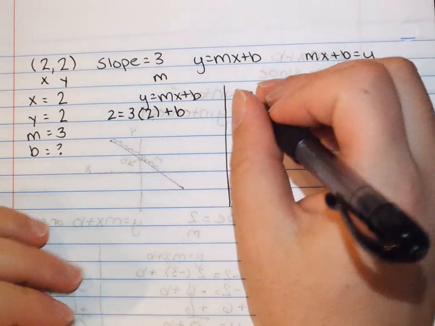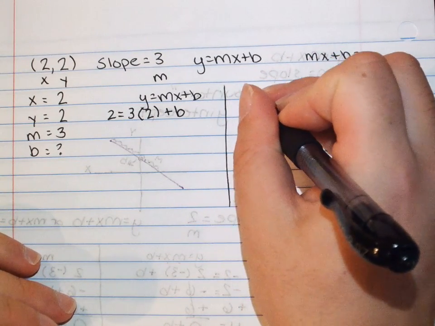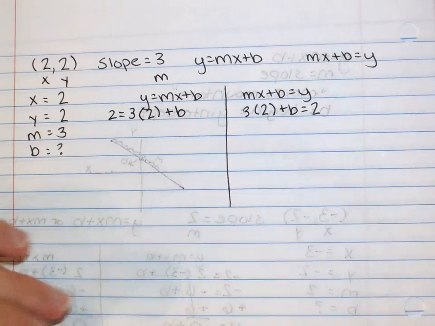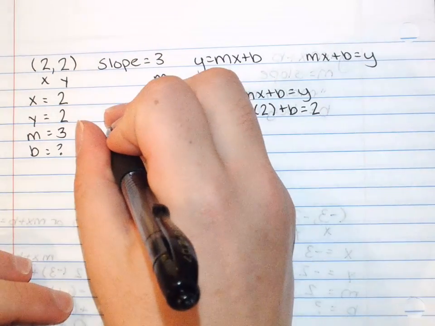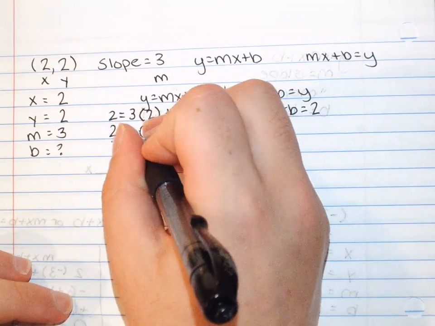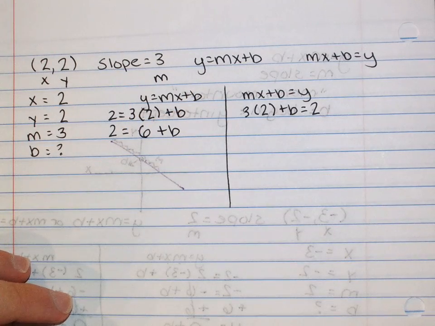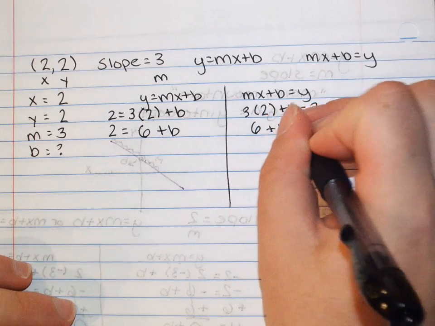Okay. Over here, 3 times 2 plus b equals 2. Okay. 2 equals 6 plus b. 6 plus b equals 2.